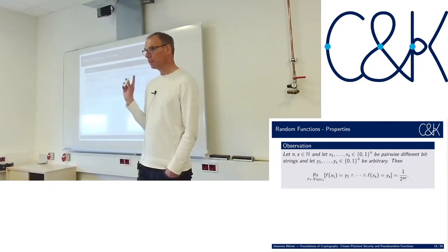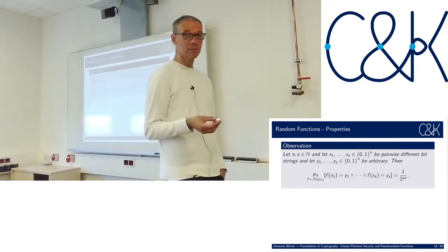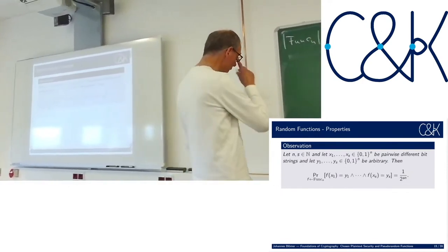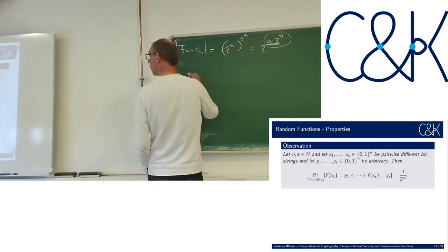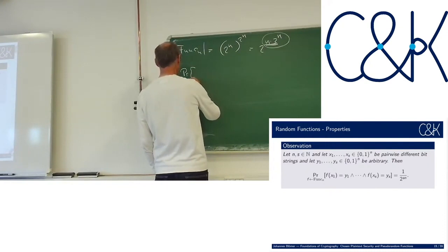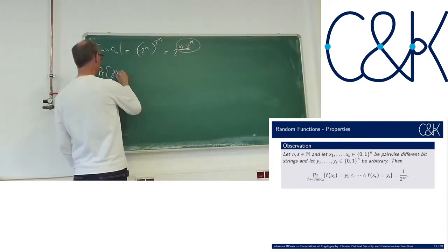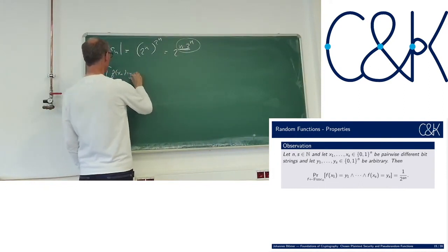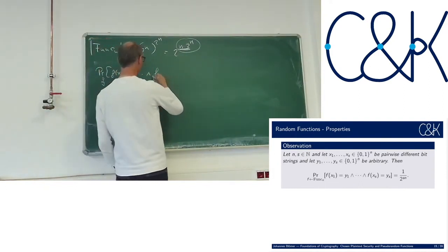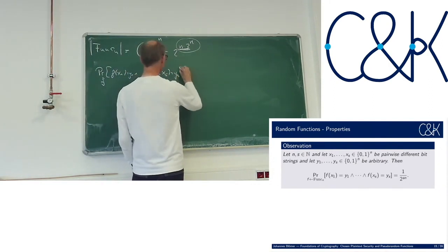Let's prove this. Okay. So what is this probability over this choice of f that f(x1) = y1 and so on, f(xs) = ys?